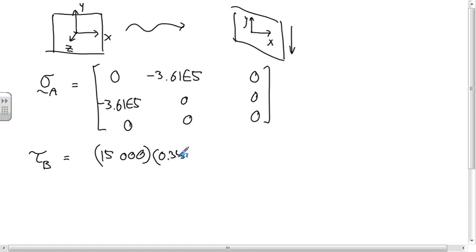So 0.35 divided by the polar moment of inertia. That doesn't change. That represents the whole cross section. So that is still 0.01664. And you get a value of 3.16 times 10 to the 5th pascals.